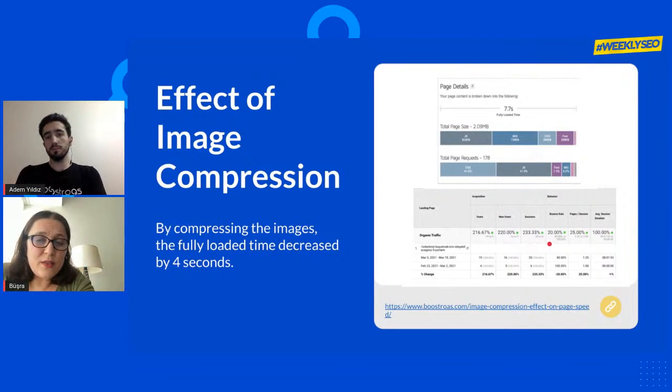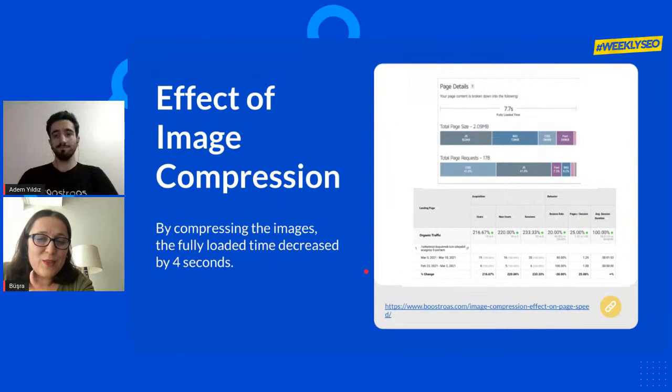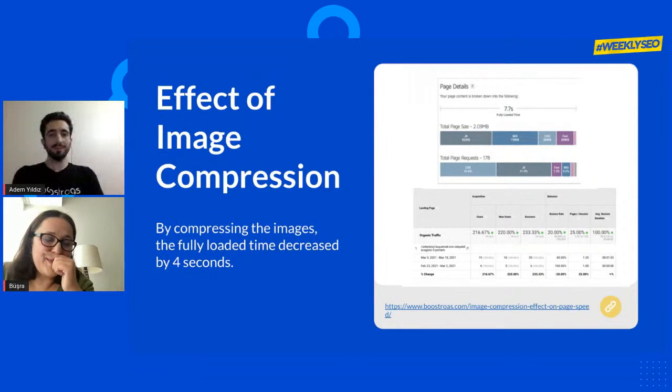And this was a really good proof that if you have better page experience, better page speed, you can improve your bounce rate. And this is just a small portion of page speed optimizations. It was a really good thing to see for myself, I guess.